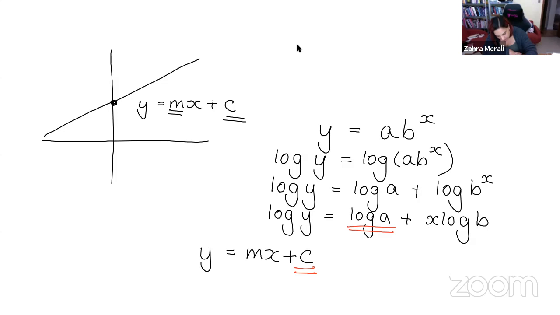My y is log y, so that's what I would plot on my vertical axis. I have x here, so my gradient would be log b. And like I said, we can go through that on another day. I hope that was useful. Leave any messages or questions that you have.